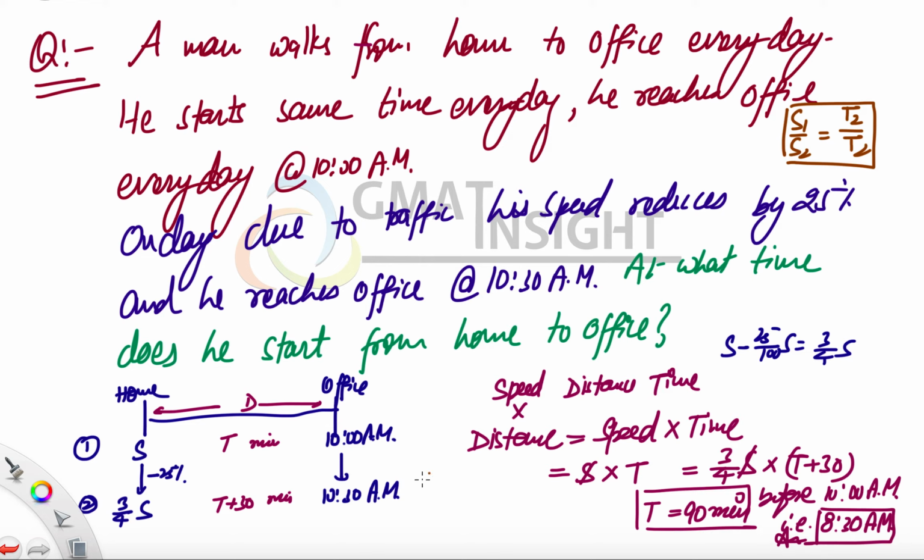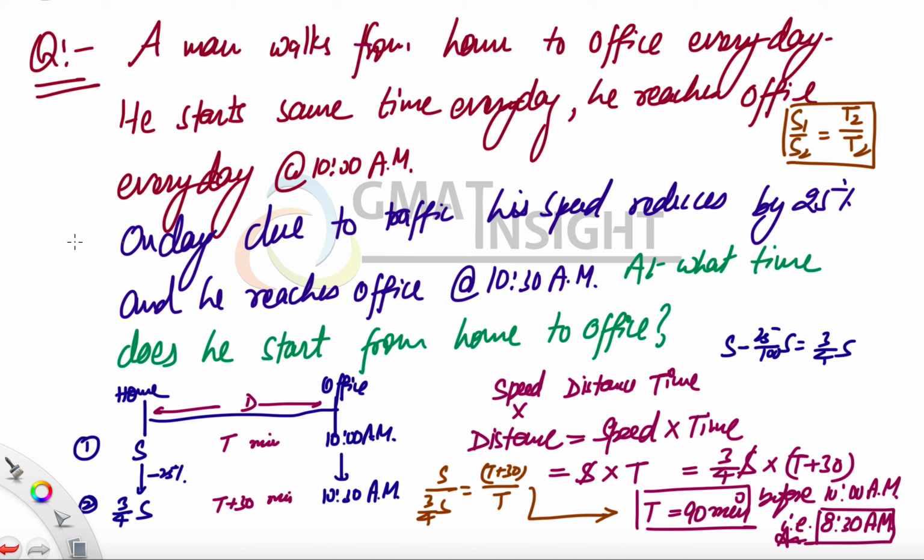So here we could have used this: in the first case the speed is s, in the second case the speed is 3/4 of s. In the second scenario the time is t plus 30, whereas in the first scenario the time is t. If you simplify this, it leads you to the same answer, right?